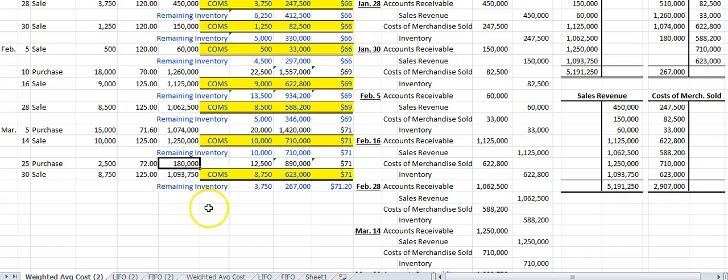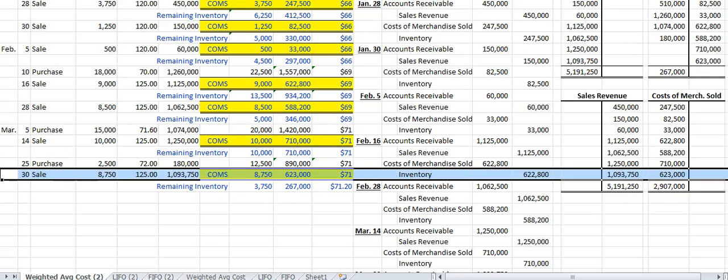I purchased $180,000 for $890,000, and my new weighted average cost is going to be $71.20. And that I will apply to my next and final sale, which is going to be 8,750 units.